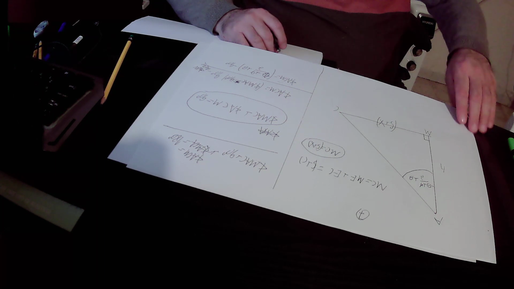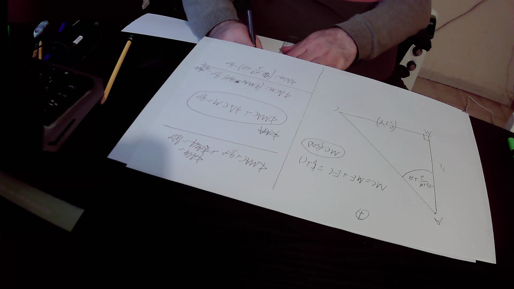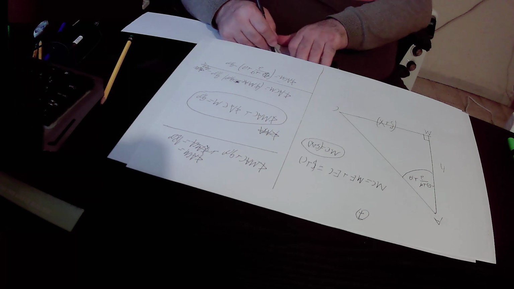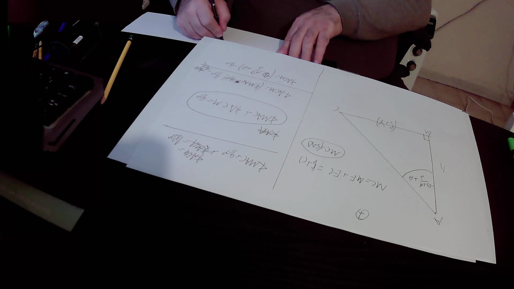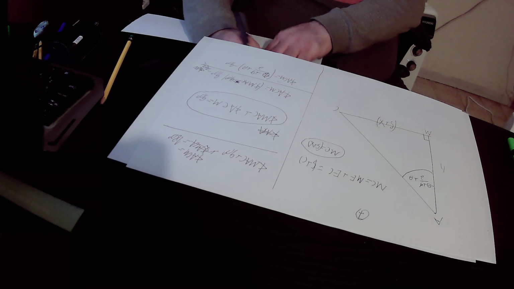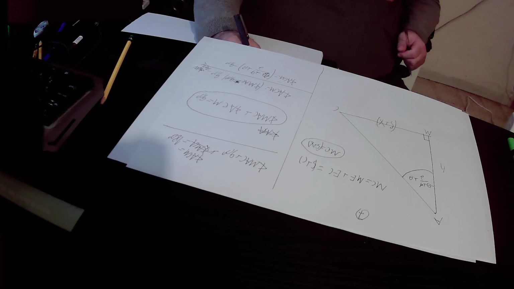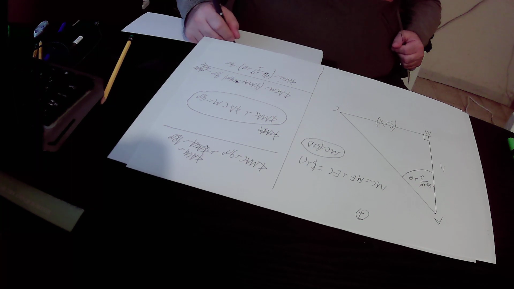So we copy triangle ACM in the new page, and we will put the value of angle ACM inside the triangle. Angle ACM equals theta plus alpha over 2.